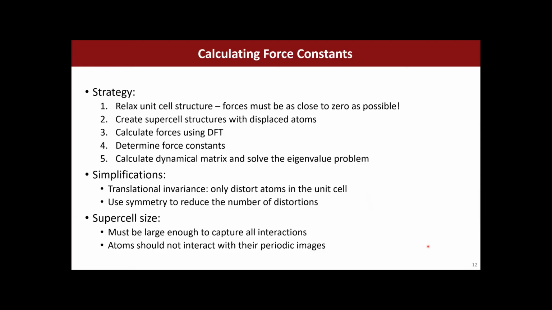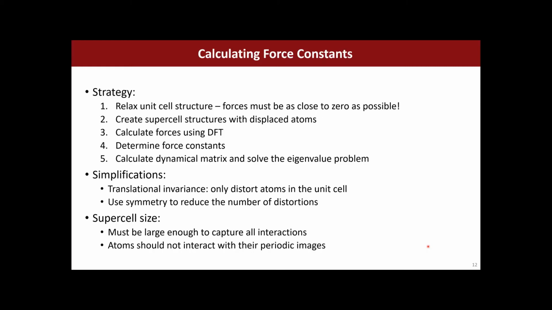So the strategy here is that we need to relax the unit cell structure so the forces must be as close to zero as possible. If they are not zero, or if they are large in your cell, you have a lot of noise when you displace an atom from its equilibrium and measure the forces.